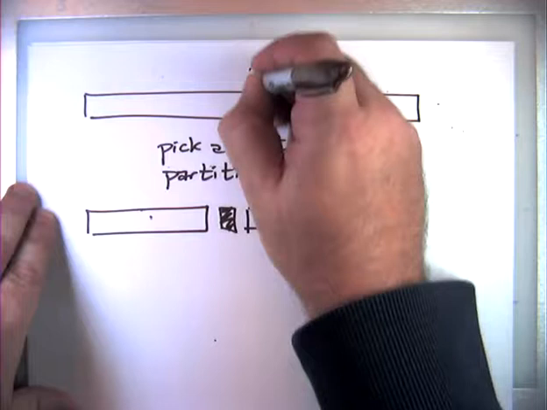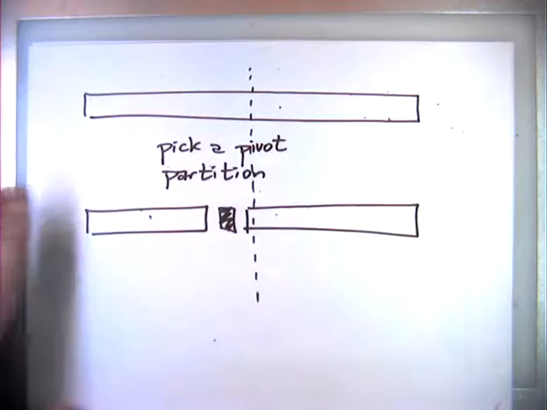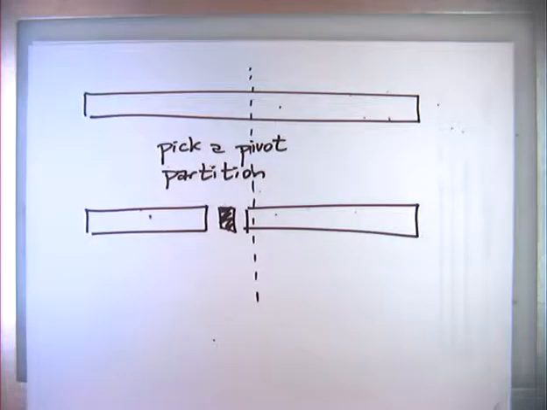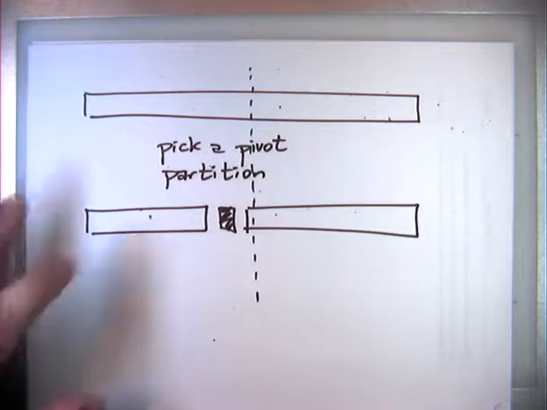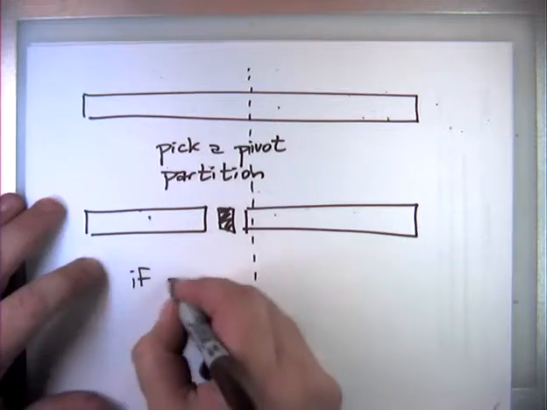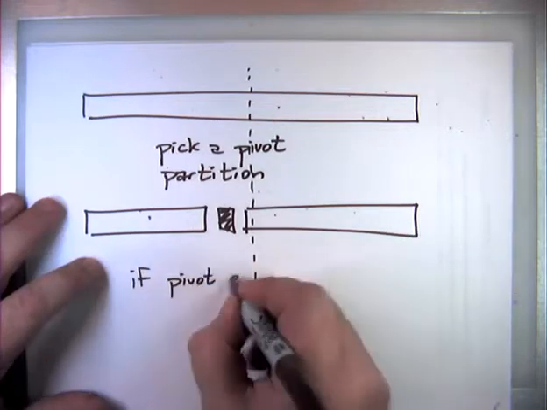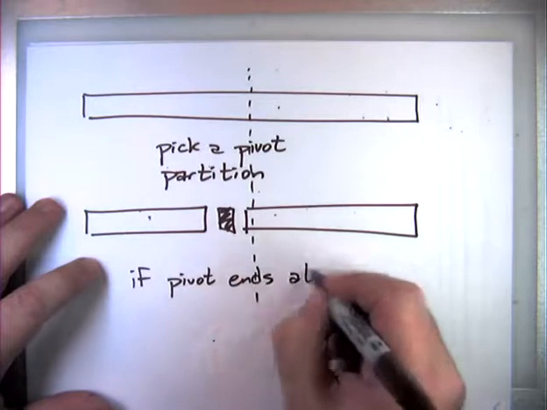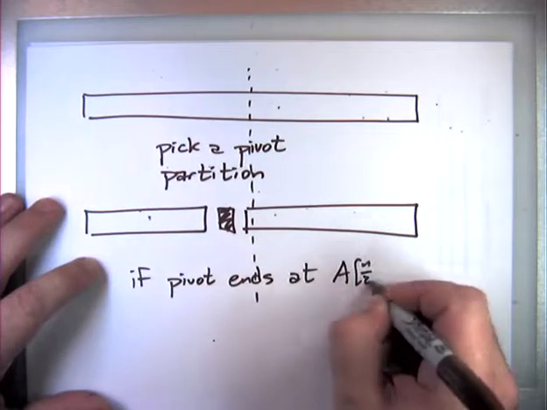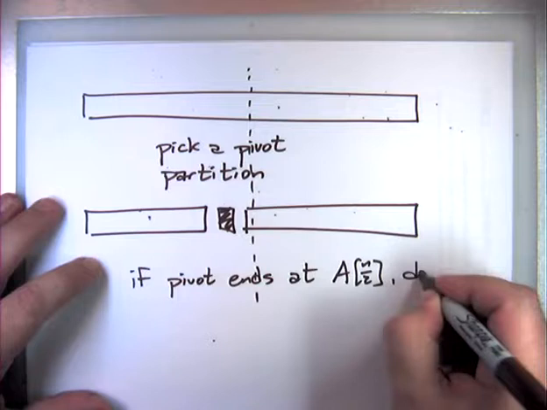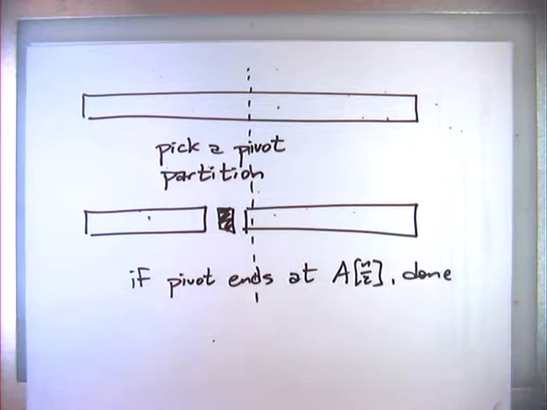Now I'm trying to find the median, the element that's right in the middle. Right? So if I'm lucky and the pivot ends up at the right spot in the array, then I'm done. Right? If after partitioning I have exactly the right number of elements smaller and exactly the right number of elements bigger, I don't have to do anything else. I've actually found the median element.